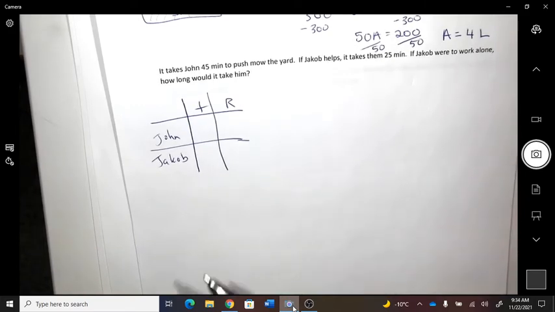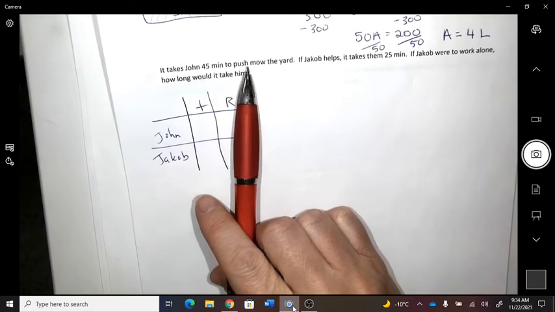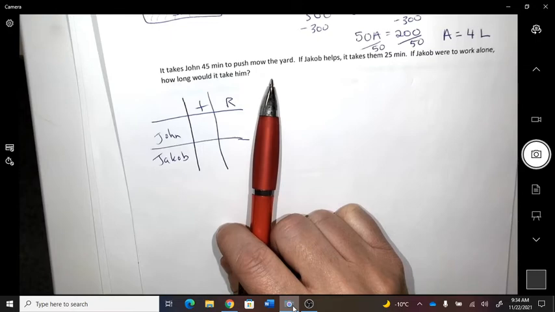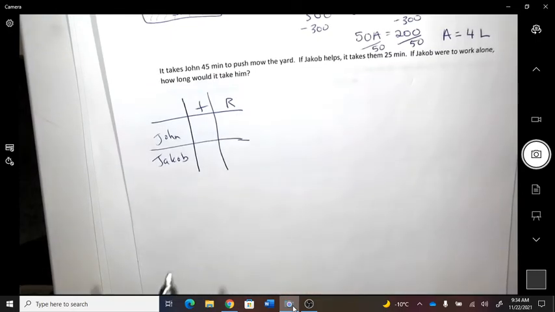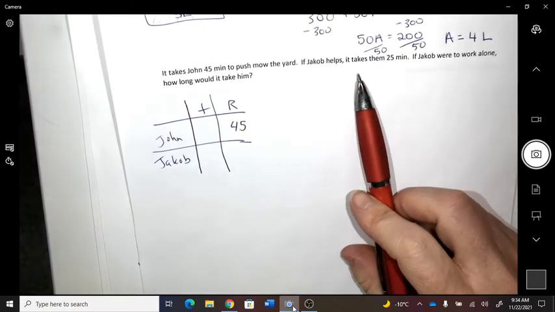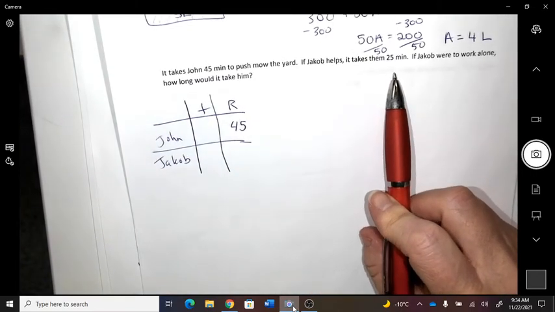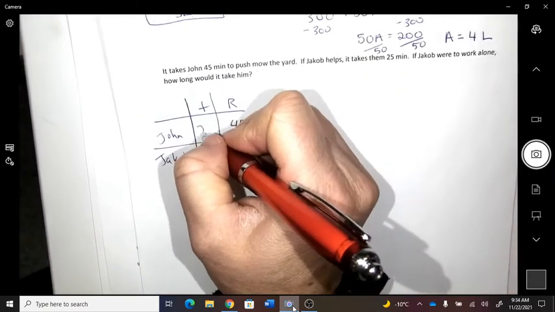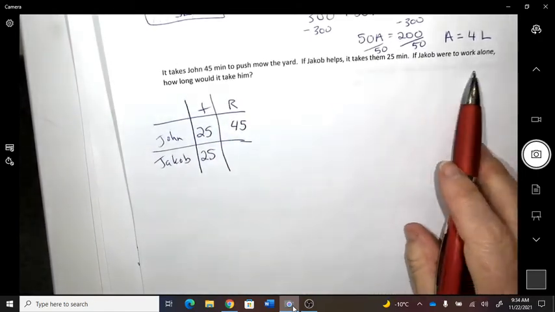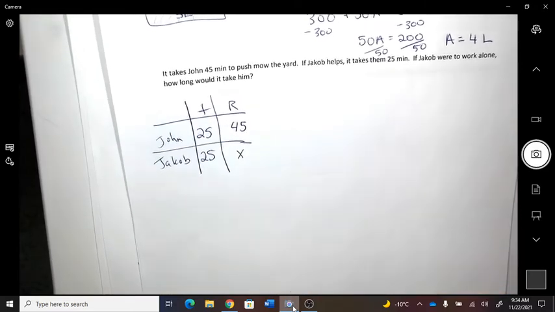It takes John 45 minutes to push mow the yard. So is that the time they've worked or his rate? Rate. If Jacob helps, then it takes them 25 minutes. So that's the time. If Jacob were to work alone, how long would it take him?